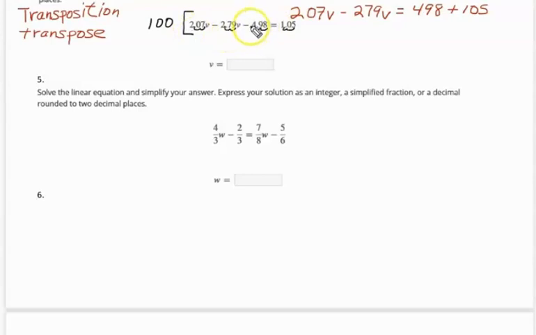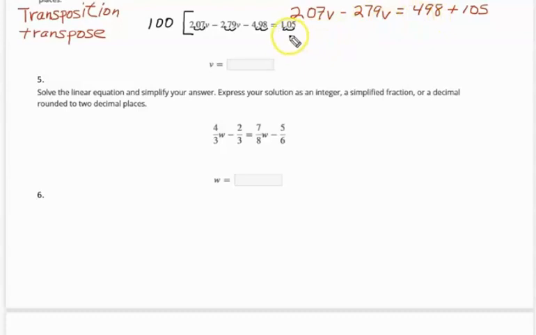Now, when I take a negative term, move it to the other side, it becomes positive. That is, it's sort of like adding 498 here, adding 498. The shortcut is you just move it to the other side, change its sign. So I did that. So now I have something a little easier.